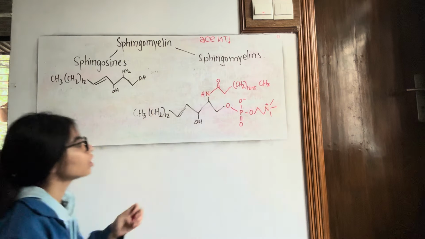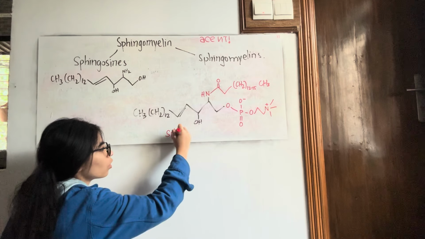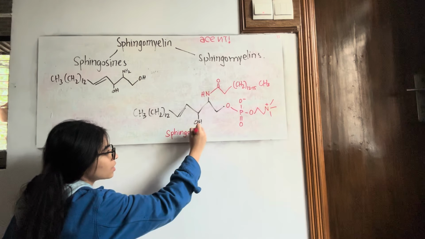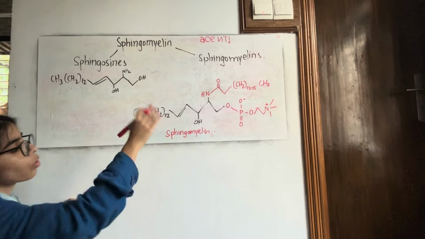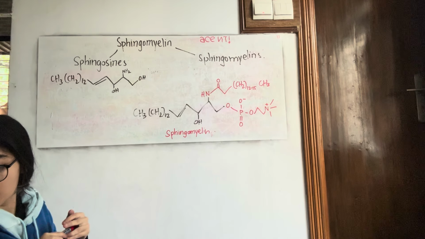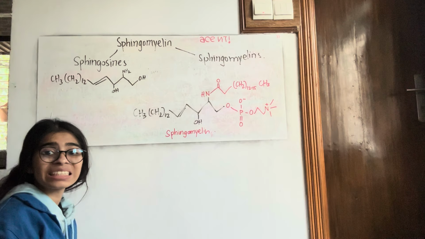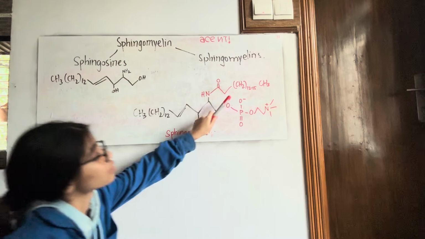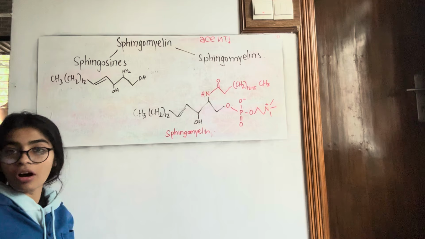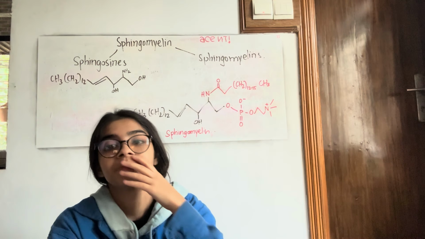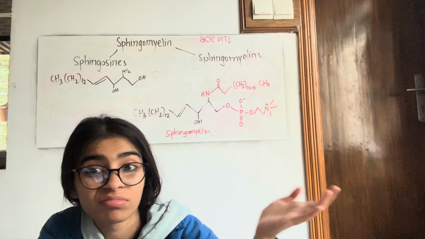I feel like we've drawn this before. This is sphingomyelin. Where did we draw this before? Ah, phosphatidylcholine. We drew this part before. So this is how you draw all of it. Best of luck for your finals.